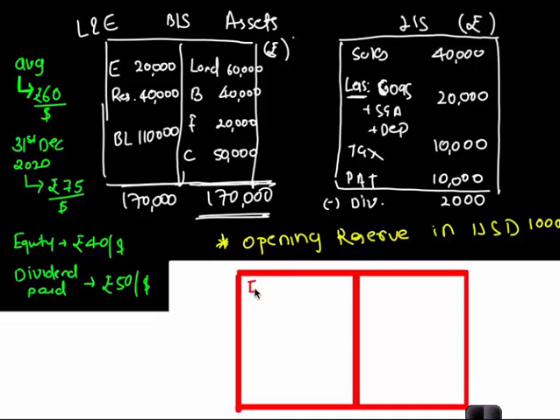Equity, 20,000 at historical rate. Historical rate was 40. So 20,000 divided by 40, this is 500. Then reserves, Ajit, it was directly given, so you just take it as it is. You don't have to do anything.